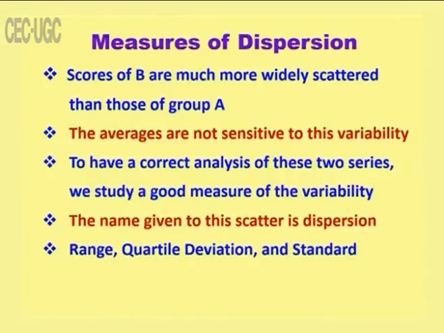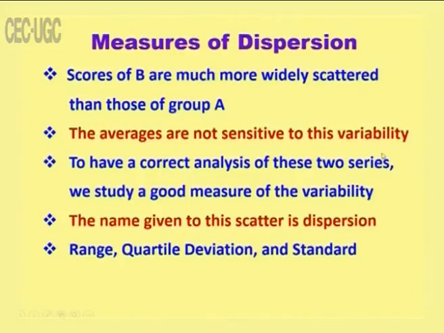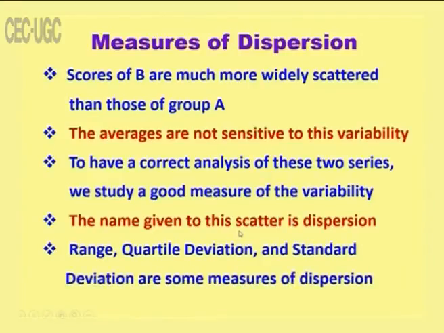The average, the mean and all these are not that sensitive to the variability, and to have a correct analysis of these 2 series, we study a good measure of the variability. The name given to this scatter is dispersion, and the range, quartile deviation and standard deviation are some measures of dispersion.